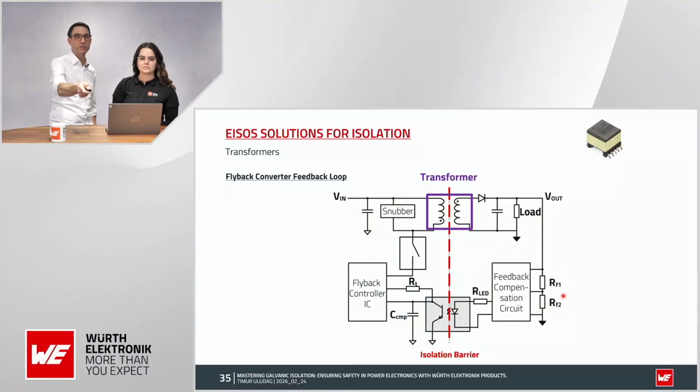Here you can see the output voltage divider, and then the analog signal goes through the diode. The diode lights up, the signal is detected, and then it goes into the controller IC.